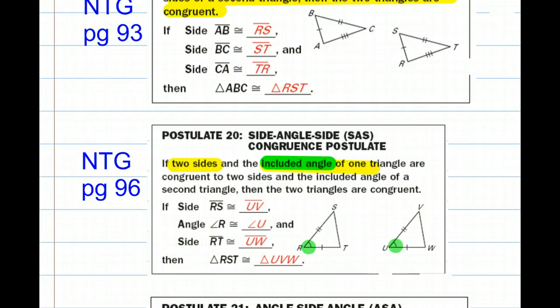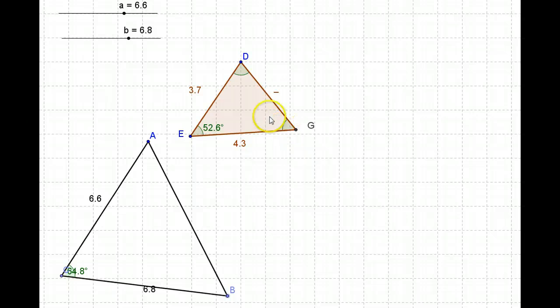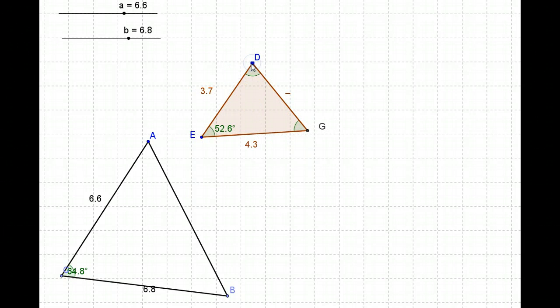So let's look at an example. In this case, we have a triangle that is special because we know that one side length is 3.7 meters or whatever units, another side length is 4.3 units, and the angle in between is 52.6 degrees.